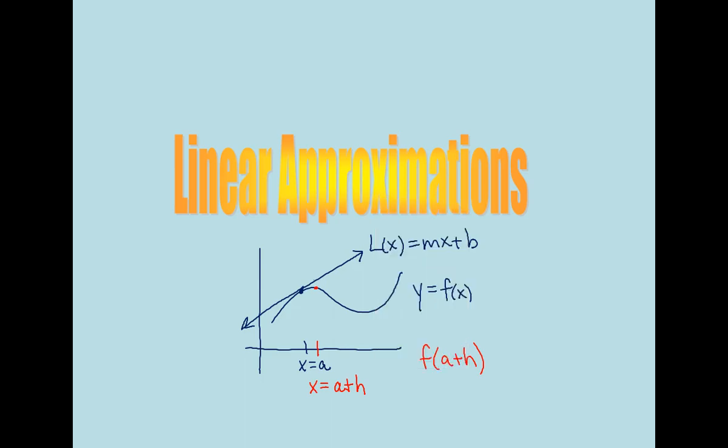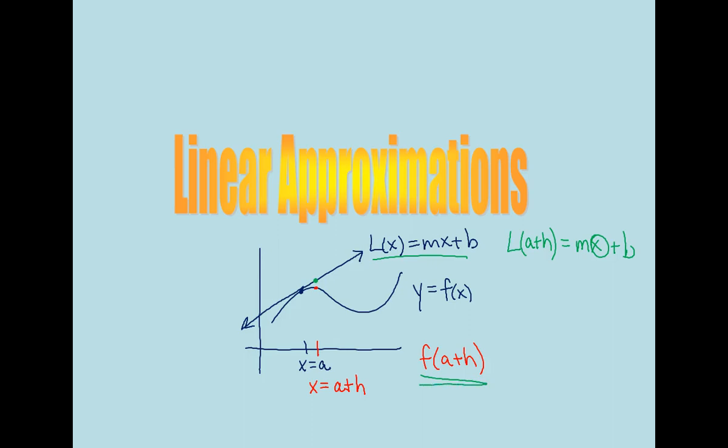So if I plug a plus h into my linear function, I'd have L of a plus h, and I could use the equation of this line to approximate f of a plus h.